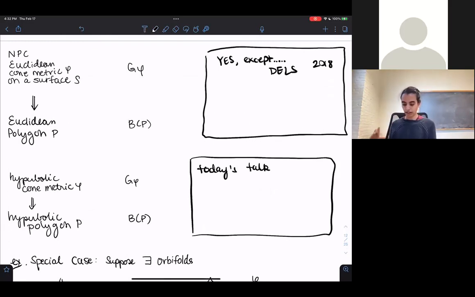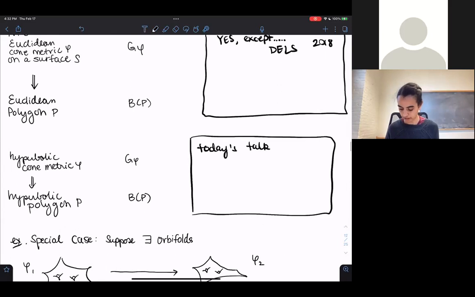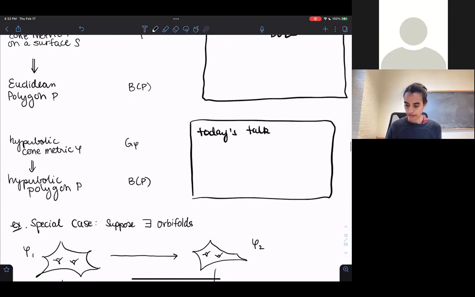Okay, so let's look at a special case. Suppose you have a surface with a hyperbolic cone metric. Let's call that phi1. And suppose that it was possible to branch cover an orbifold.